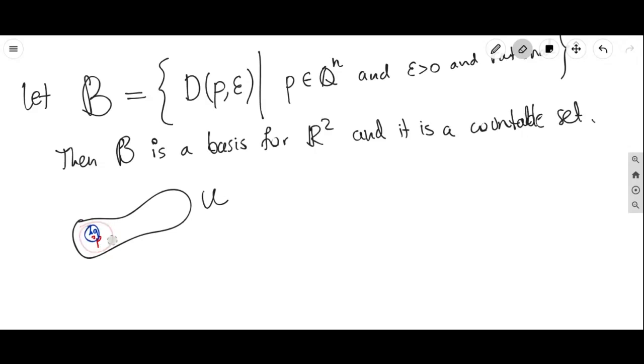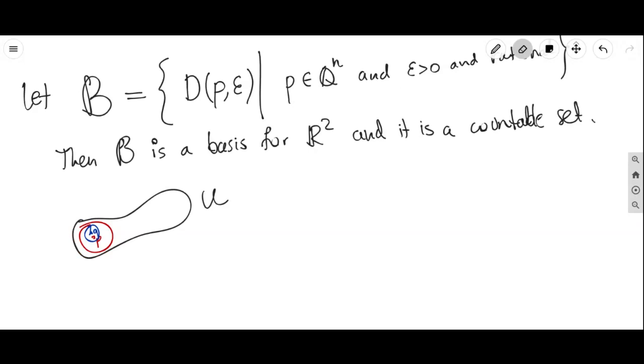So the point is that if you find a disk that fits inside, you can modify that disk to have a rational radius and a rational center. And so you can therefore exclusively work with a countable collection in a basis.